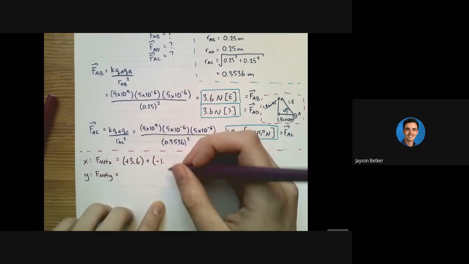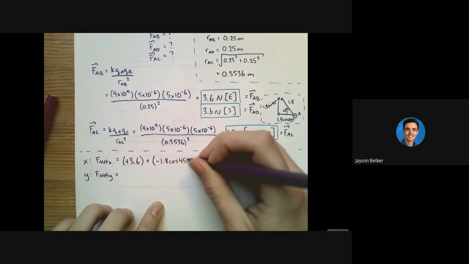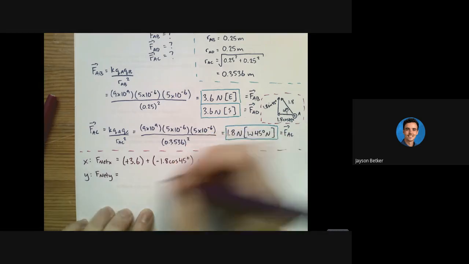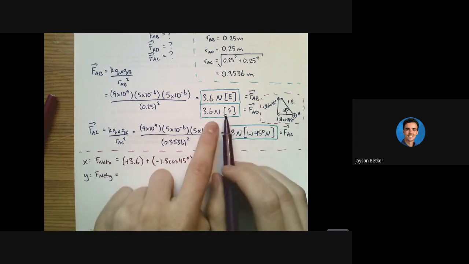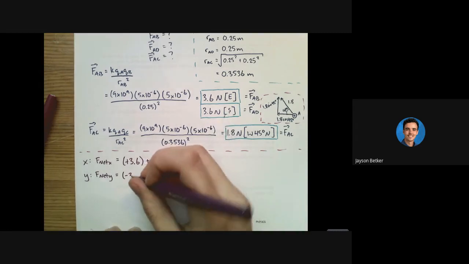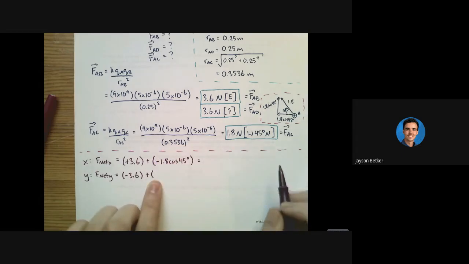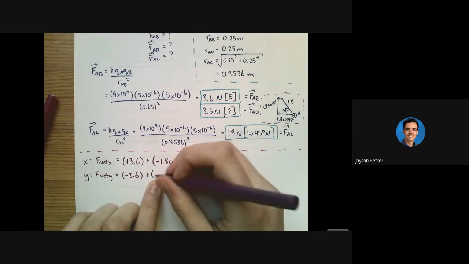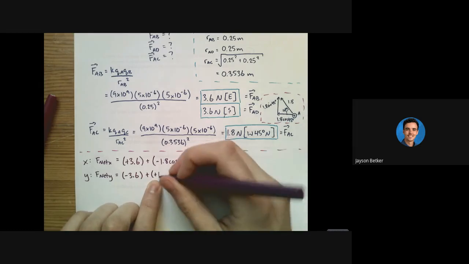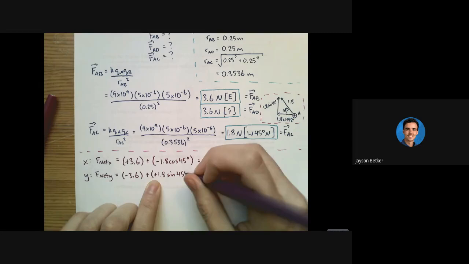So negative 1.8 cos of 45 degrees. And then for my y, I've got 3.6 acting downwards. So negative 3.6 plus, and then this is also going to be positive because it's north. So positive 1.8 sine of 45 degrees.